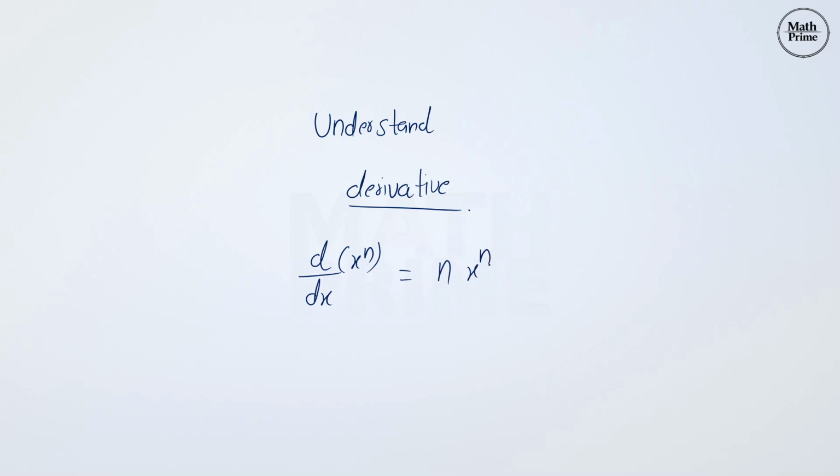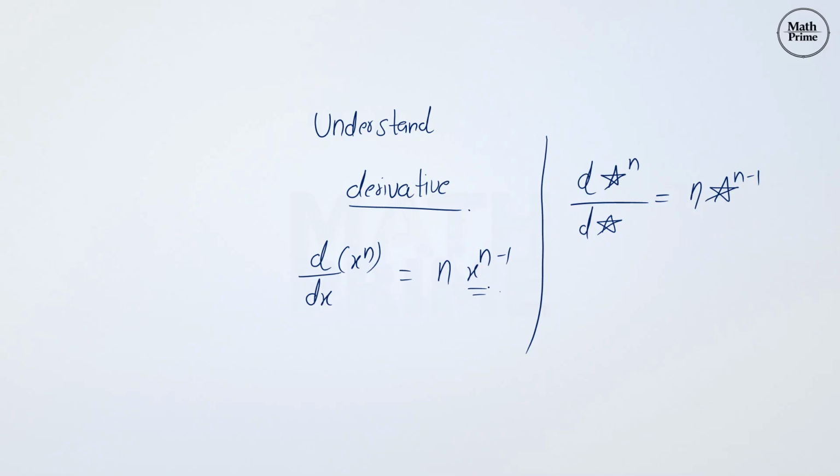I hope you understand the derivative, how derivative works. In this video we discussed the derivative of x raised to power n, which is equal to n times x raised to power n minus 1. You can understand it like this: the derivative of a star raised to power n with respect to star is equal to n times star raised to n minus 1.